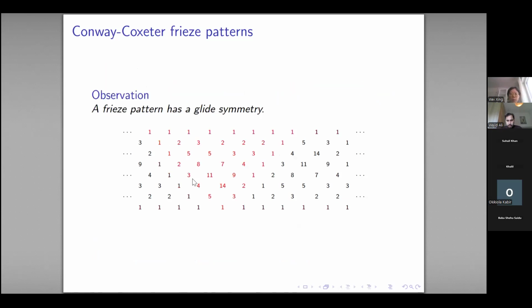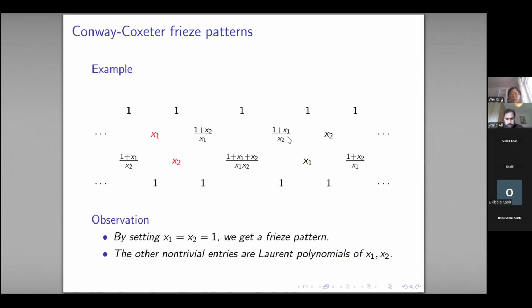And one last phenomenon we want to explain is this glide symmetry. So not only do we want to know, starting from a lightning bolt, how to get other entries, but we also want to get an overall understanding of this fundamental domain that consists of all the cluster variables, or the fundamental domain of the Frieze pattern.